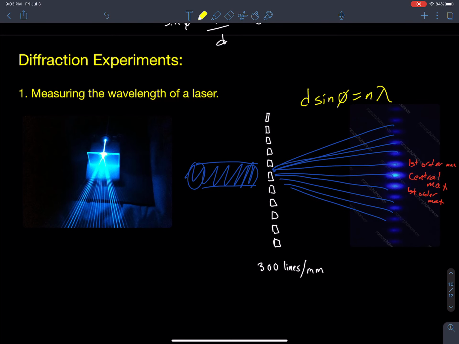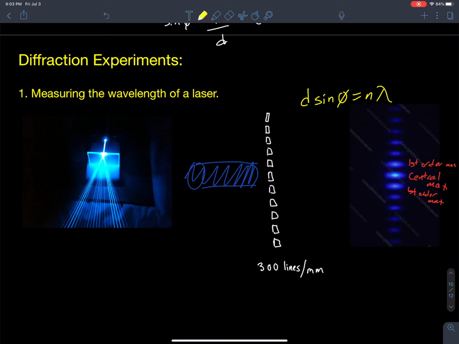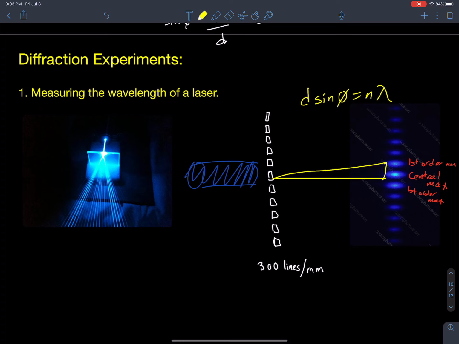Okay, so how would we use this image projected on the screen, and the 300 lines per millimeter to actually calculate the wavelength of that laser? So first thing I'm just going to do is erase these little lines that I'm making over here and show our classic triangle that we would have seen. That's a triangle that we would have created in many of the videos I've made, and we would have measured that angle of diffraction.